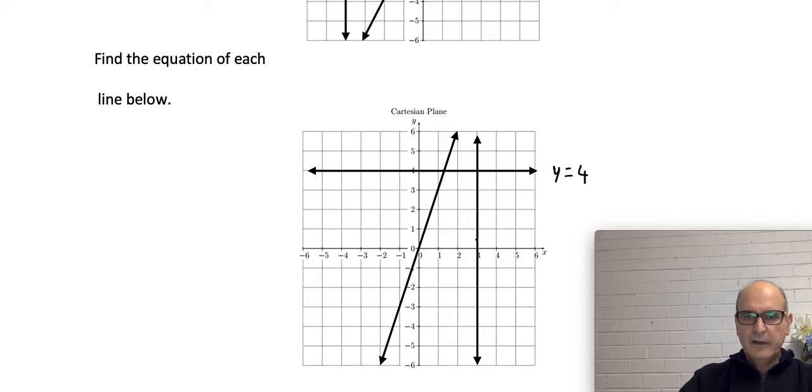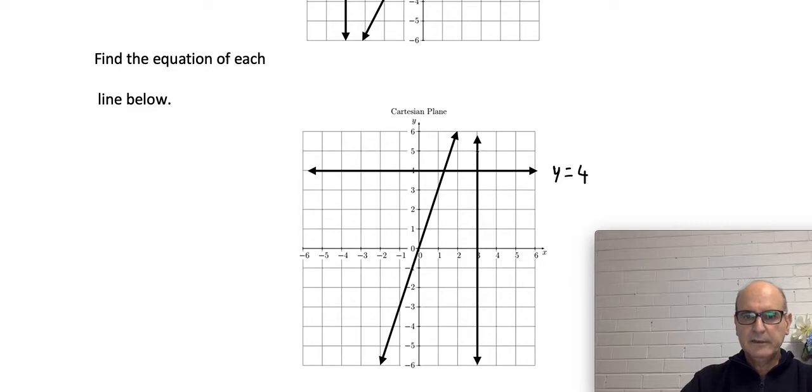For this line, however, it is the other way around. If I take this point on this line, its x is 3, its y is -1. If I take this point, again its x is 3 and its y is -3.